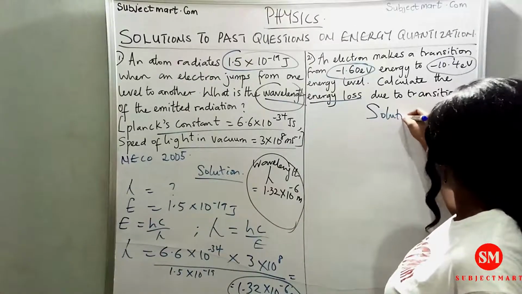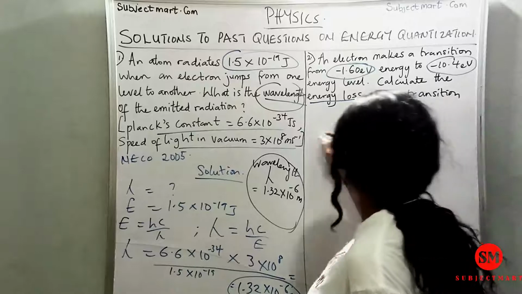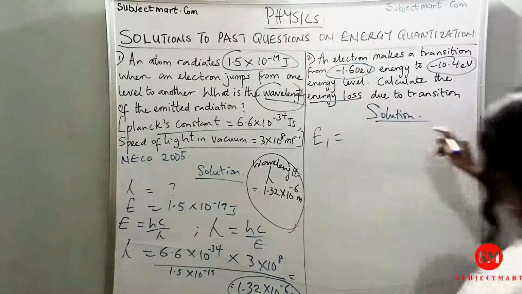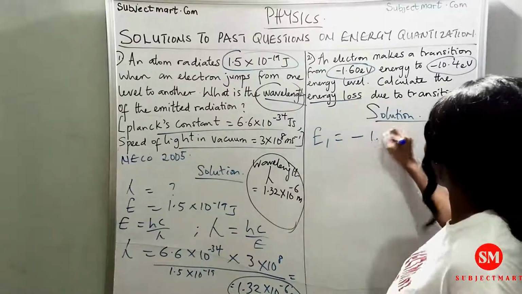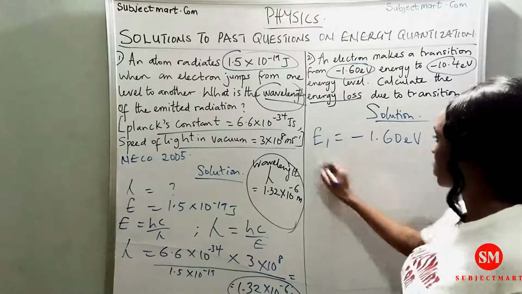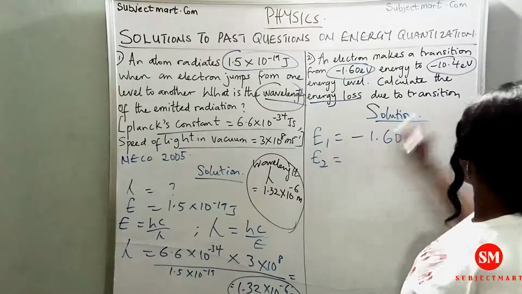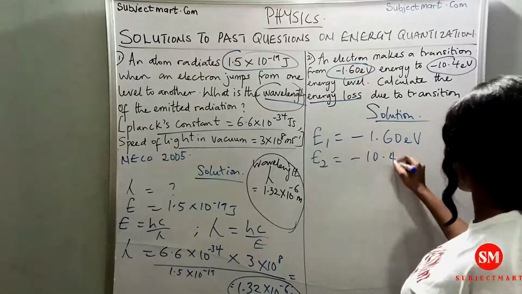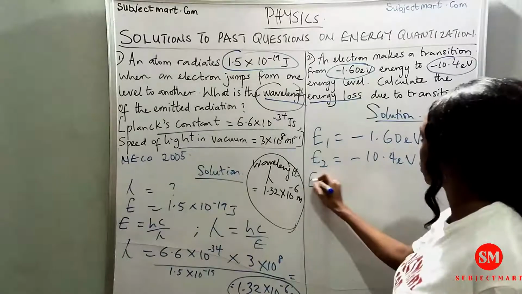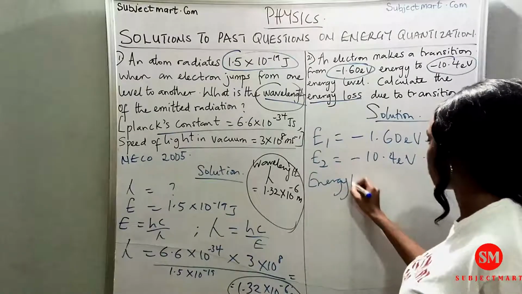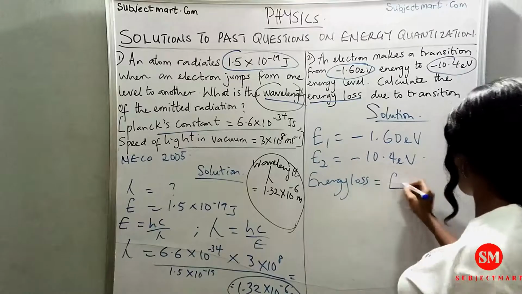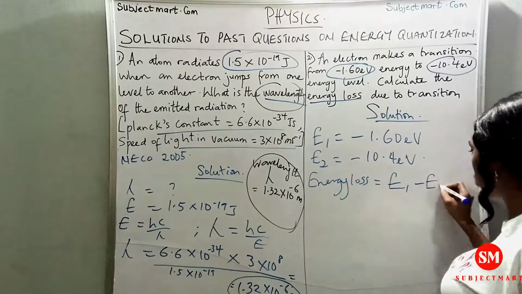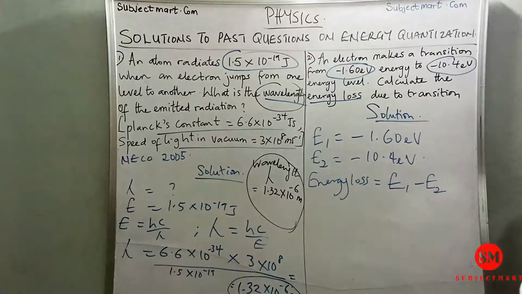So we go ahead, write out our parameters. Our E1 from here is equal to minus 1.60 electron volts. Our E2 is minus 10.4 electron volts. So the energy loss or the change in energy, you recall from our formula, is equal to E1 minus E2.